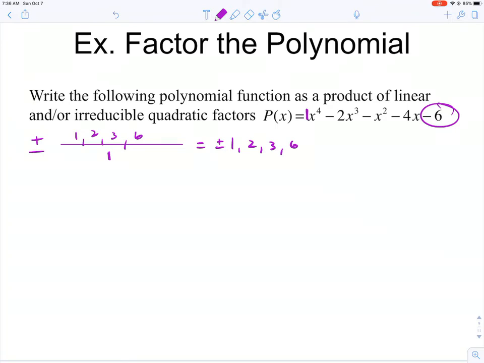So a lot of possible rational zeros. It's usually best to just start with positive or -1. So let's just start with 1.